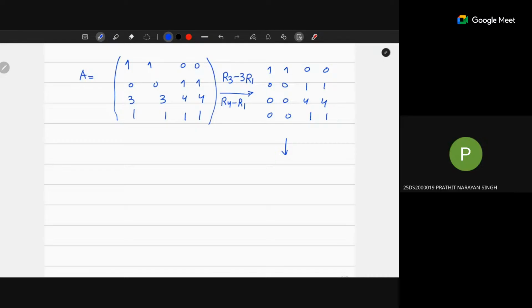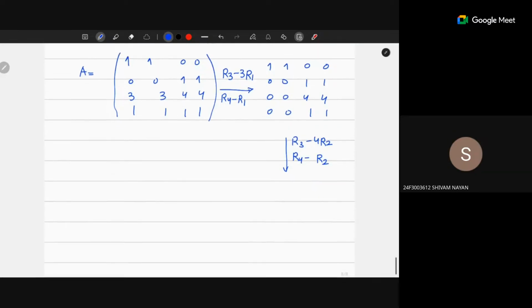Now what should we do? R3 minus 4R2 and R4 minus R2. Right. We get zero rows here and there.